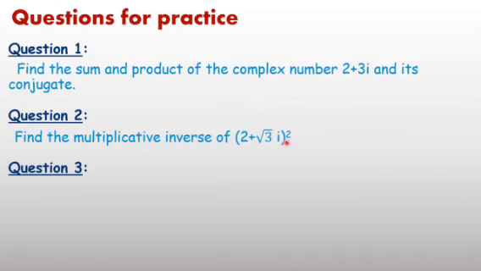First apply the formula for (a plus b) whole square, simplify and write it in the form of a plus ib. After that find the multiplicative inverse. And question number 3, you have to represent it in the form of a plus ib. In this pattern, these 3 questions you have to solve and submit your solution.